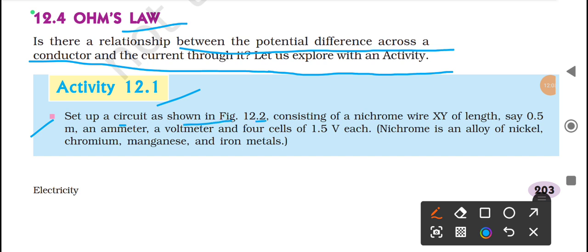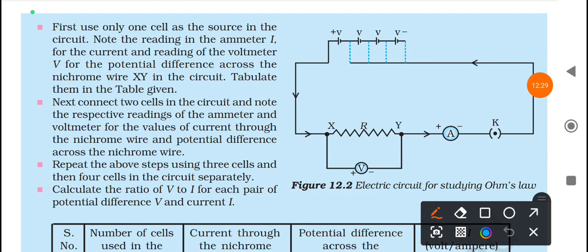Set up a circuit as shown in figure 12.2 consisting of a nichrome wire XY of length say 0.5 meter, an ammeter, a voltmeter and 4 cells of 1.5 volt each. Nichrome is an alloy of nickel, chromium, manganese and iron metals.